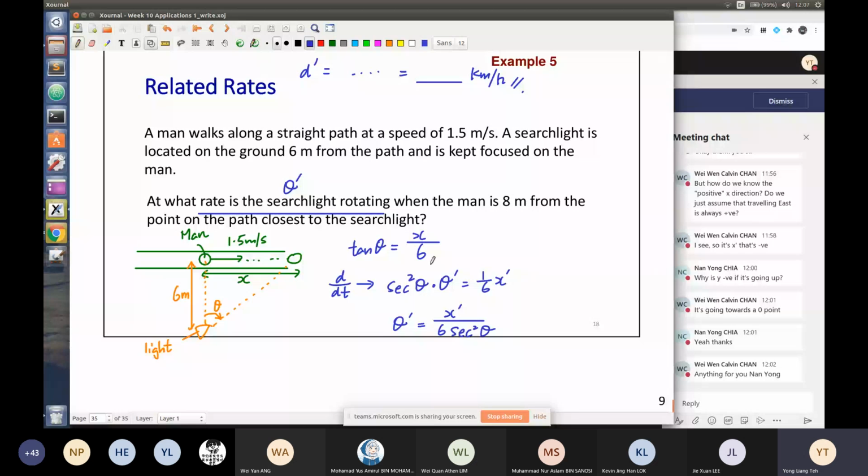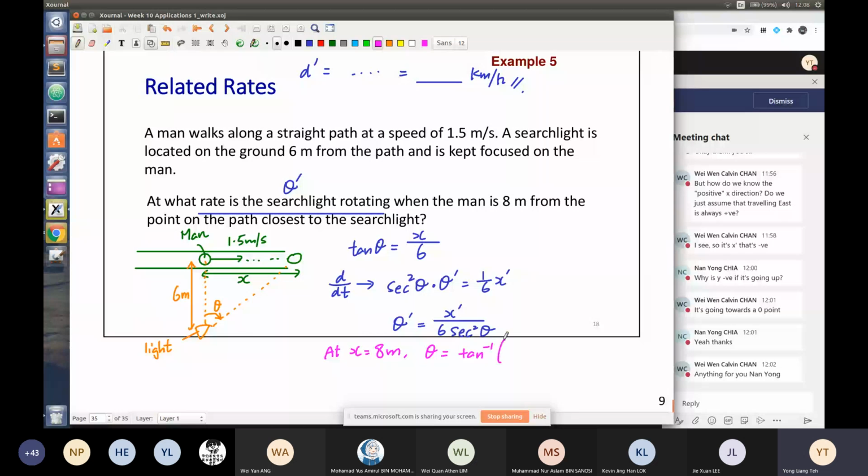So at x equals 8 meters, we can solve for my theta. So theta equals the tangent inverse x over 6.